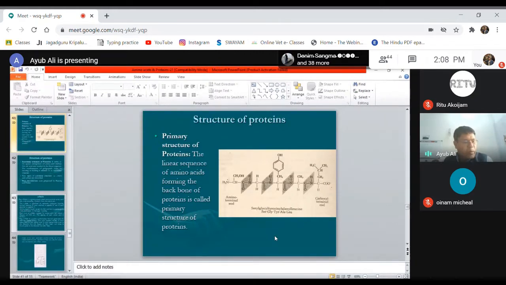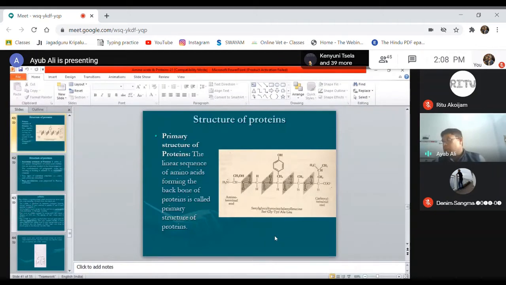Then yesterday we also discussed the forces that maintain the structure of the protein. In that, what we have seen is that there are two types of forces that maintain the structure of the protein. One is the covalent bond, and among the covalent bonds, one is the peptide bond and the other one is the disulfide bond.